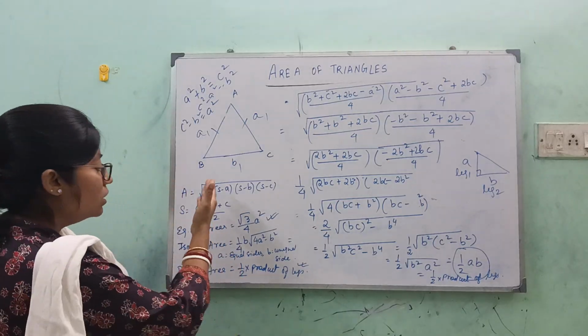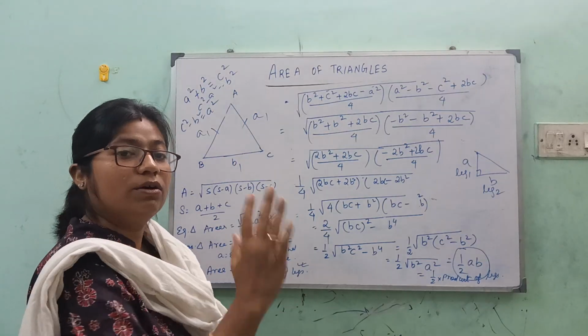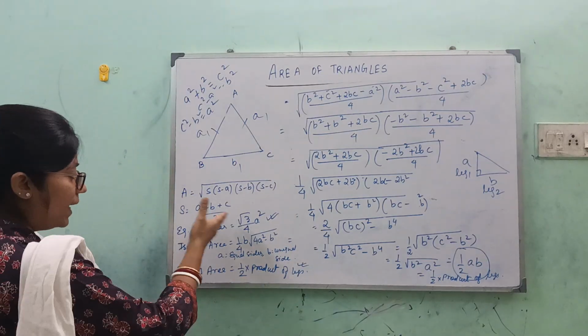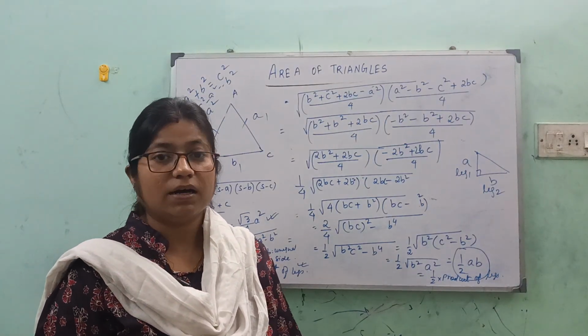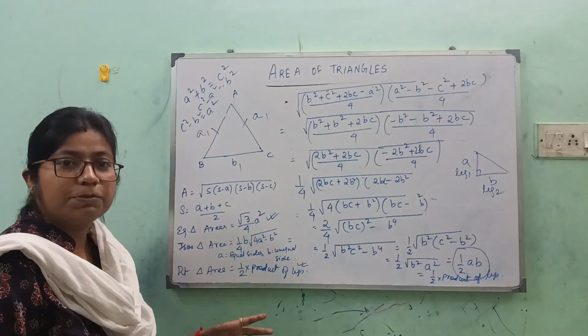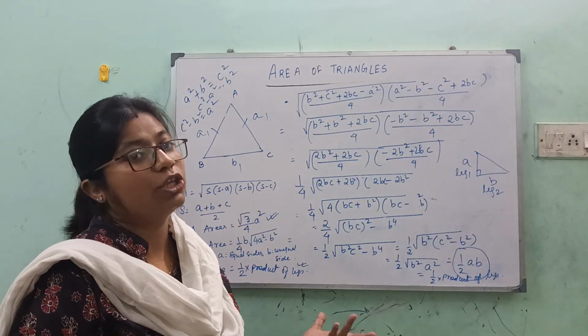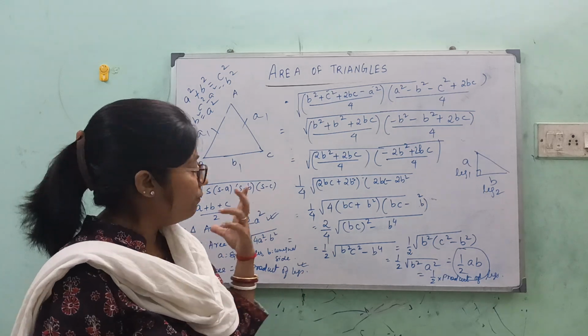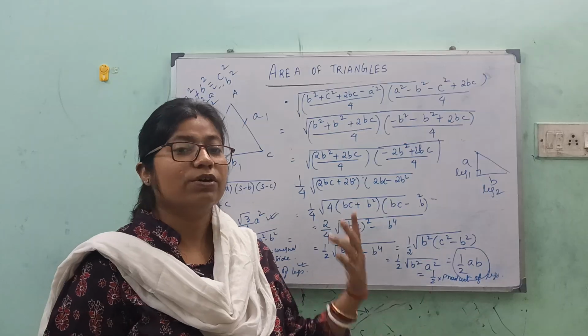If you learn these formulas, then for the sums you can directly use the formula and get the solution. But if you forget, then you always have your Heron's formula at hand to calculate the area. If you remember this, your work becomes much faster. But if you forget it by chance, we are all humans, we tend to forget things, then you always have Heron's formula there for you to fetch the answers.